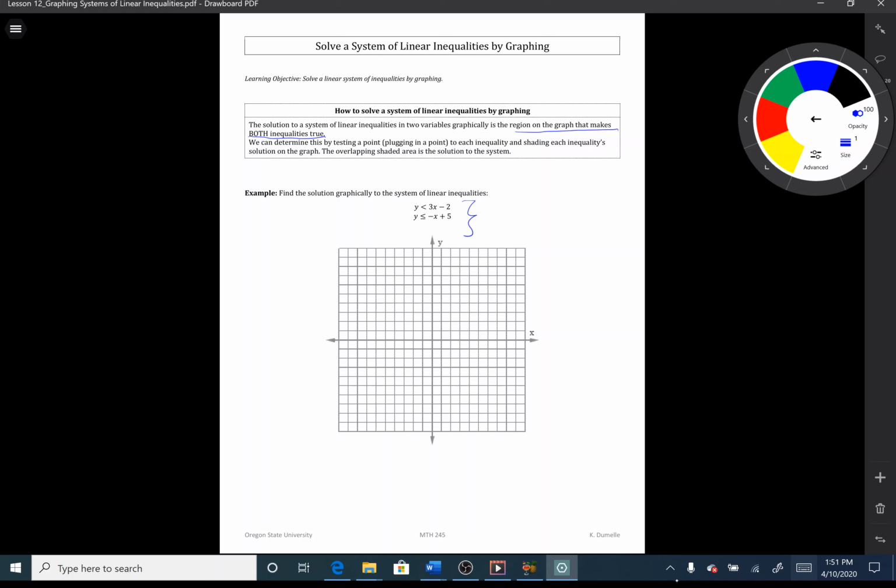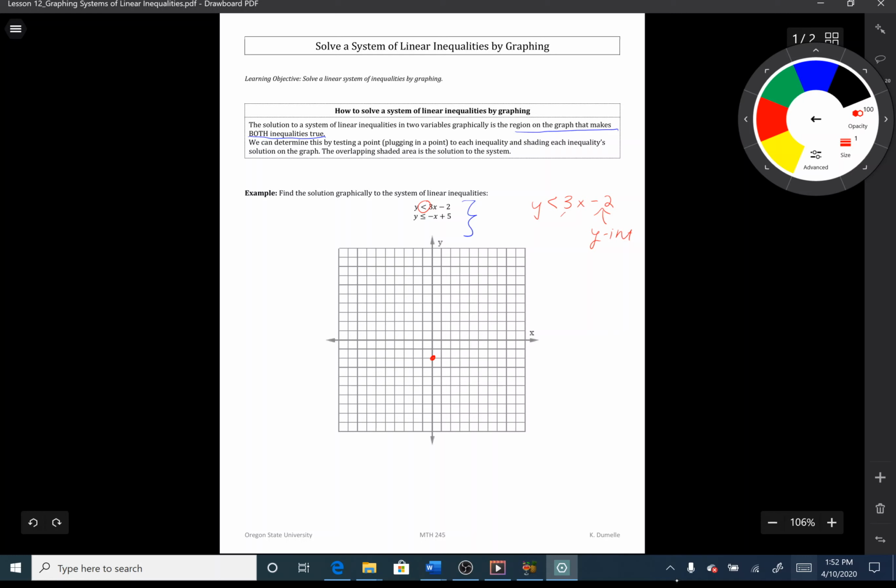Both of these equations are already in the form y equals mx plus b. I see that the first one has less than, so that one's going to be a dotted line. And if I graph y is less than 3x minus 2, I have a y-intercept of negative 2. So that would be here.